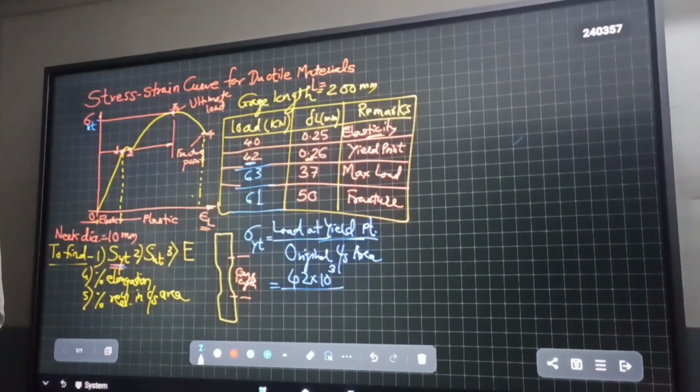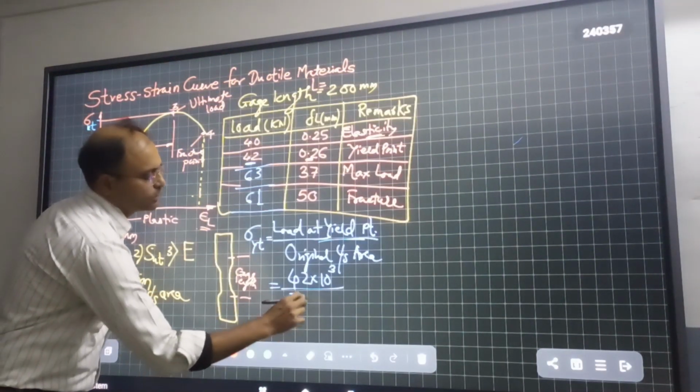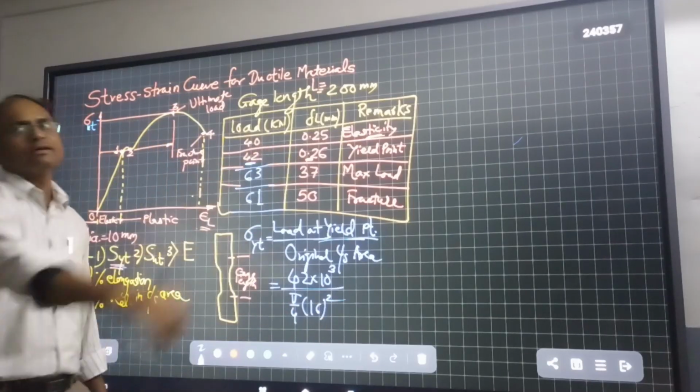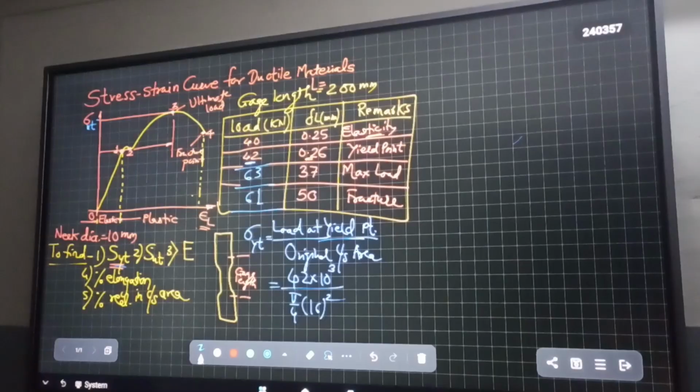Original cross sectional area. What is the original diameter? Original diameter is given, 16 millimeter. So what is the original cross sectional area? Pi by 4, 16 square. Do this calculation and tell me the value. I want everyone to use calculators.